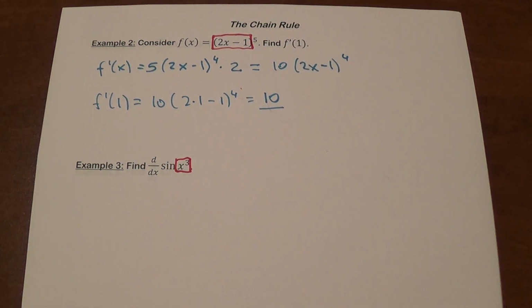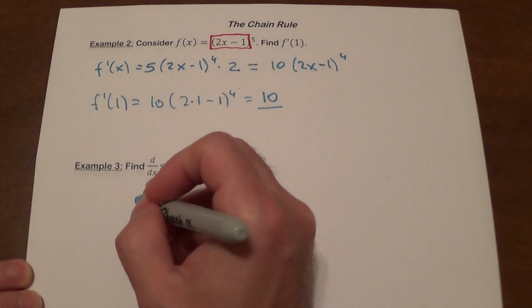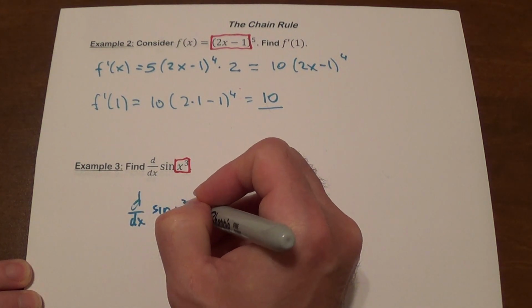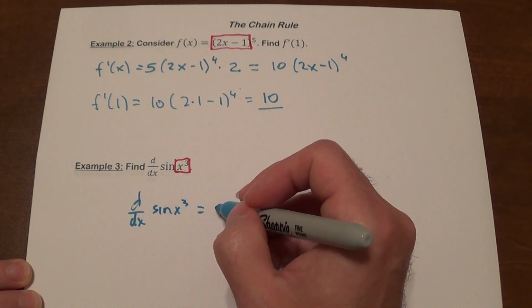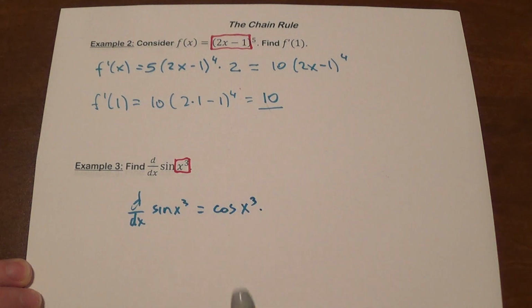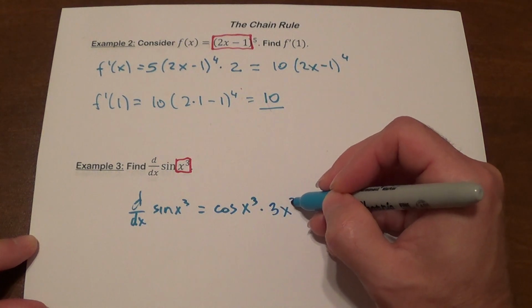And according to what we've learned already, we are differentiating sine first. So the derivative of the sine function, and you rewrite that, d over dx sine x cubed, is going to be cosine of x cubed times, and now we need to find the derivative of x cubed, and the derivative of x cubed is 3x squared.